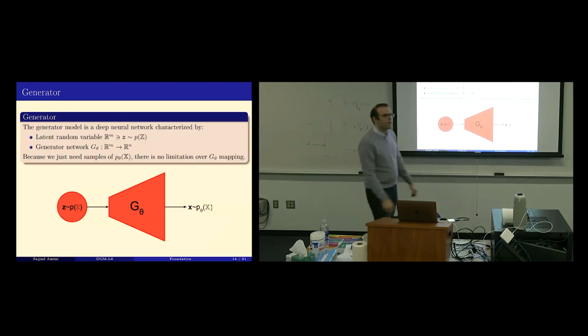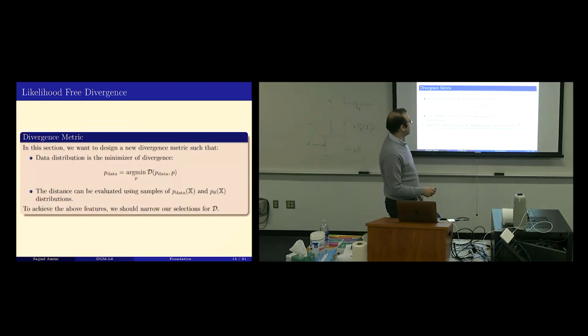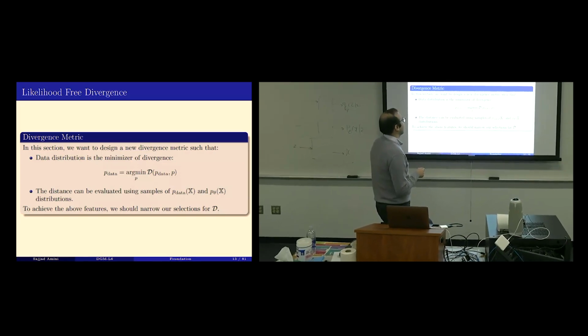Yes? In the argmin over p, the minimization of divergence, we are finding the best p that minimizes the divergence. What does it mean for p-data to equal that? P-data is constant. Oh no, my mistake. It means that we can write it as p theta.